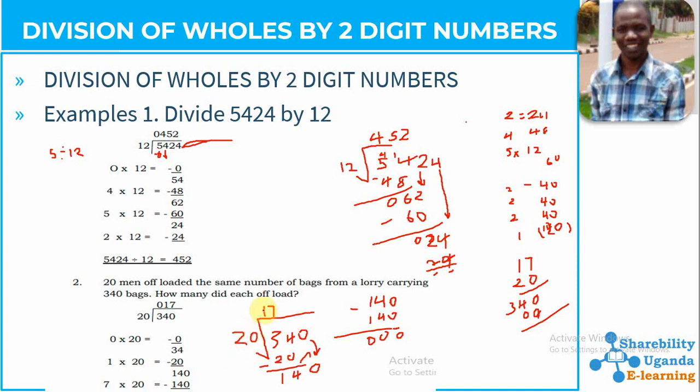Then you say that number times our 20 here. It gives you the answer. Then you subtract and get the correct answer. So that is how we are going to be dealing with division by the two digits.